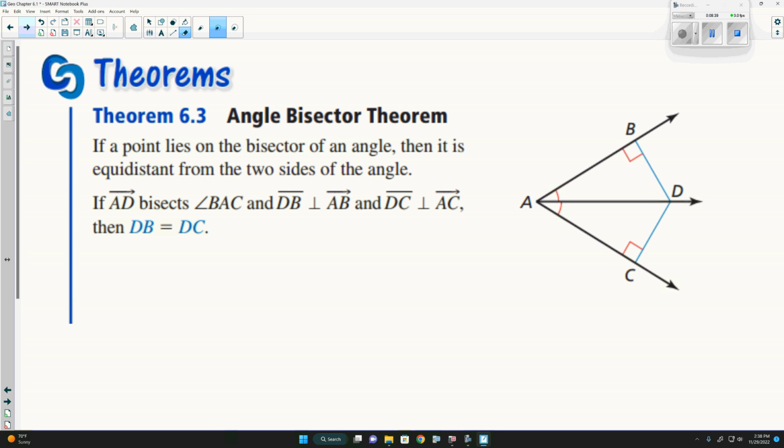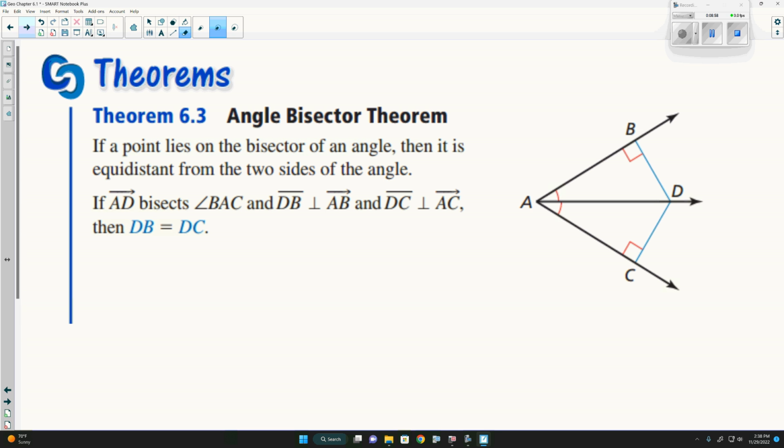Our next theorem, angle bisector theorem. If a point lies on the bisector of an angle, then it is equidistant from the two sides of the angle.